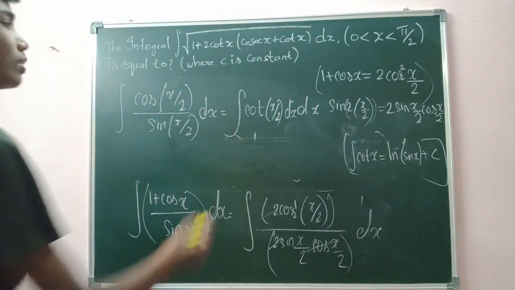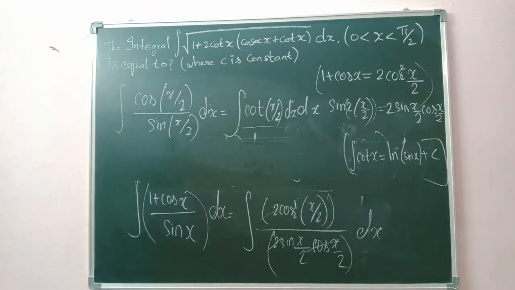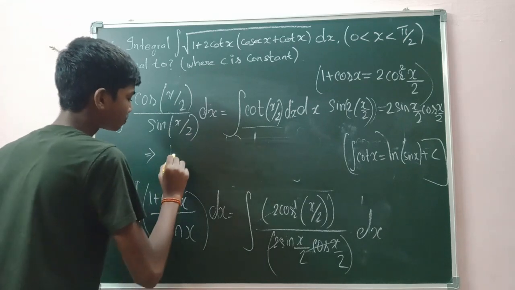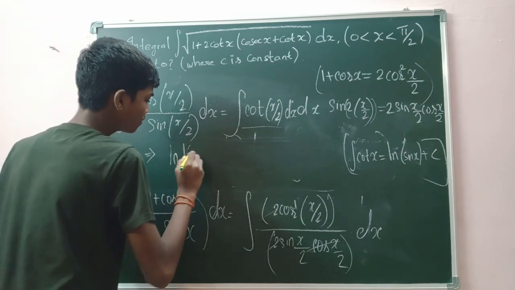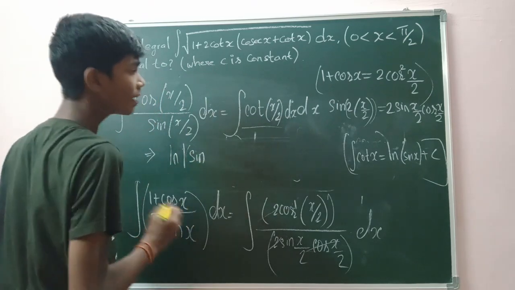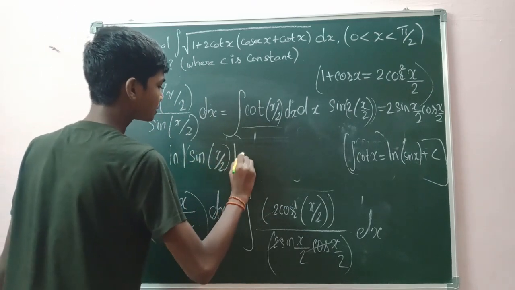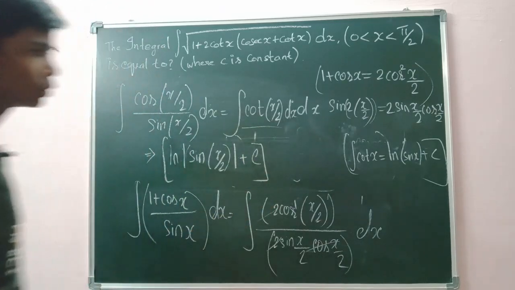So now we know that your initial value is cot of x by 2, just the angle changes. Therefore this will be nothing but ln of sine of x by 2, because the angle is x by 2 here, then plus some constant c, and this is the answer for this particular question.